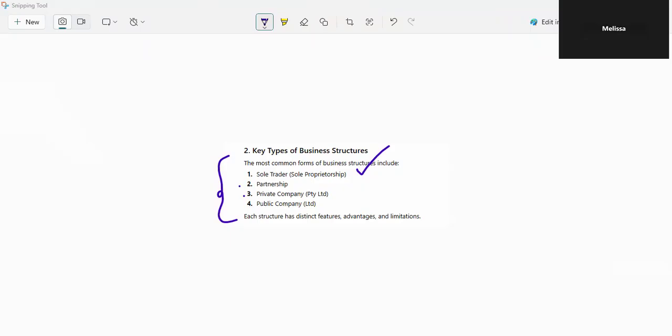Since there is more than one individual, they're able to generate capital better than a sole trader. A disadvantage is that they have limited liability. In the event one partner dies, it means you have to go back and recreate the partnership.